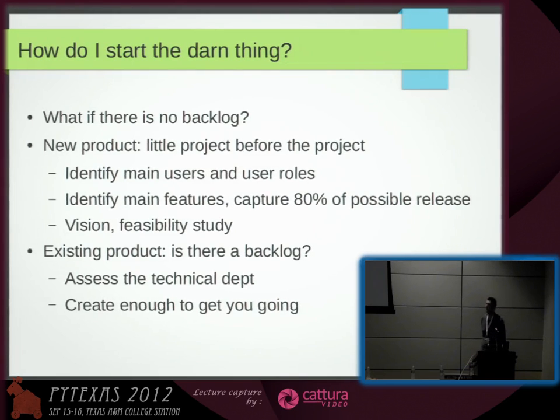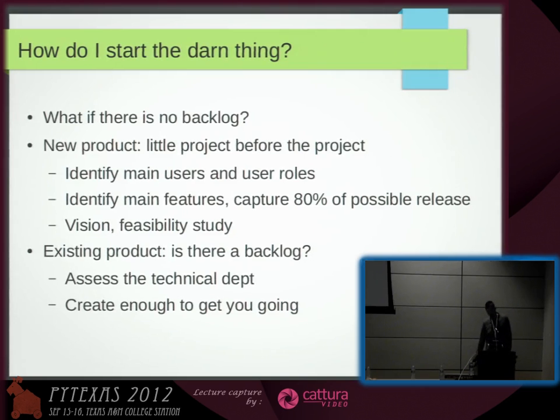Before you really start doing something, you should be at 80%, at least on this epic level. You need to know what the main features of your software are. That's also typically part of some vision or feasibility studies. So even if you're negotiating a contract, you would do that anyway to understand what's being done.